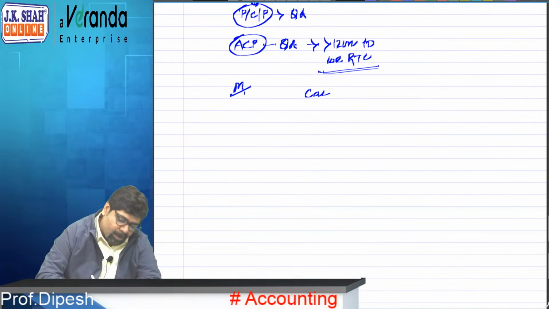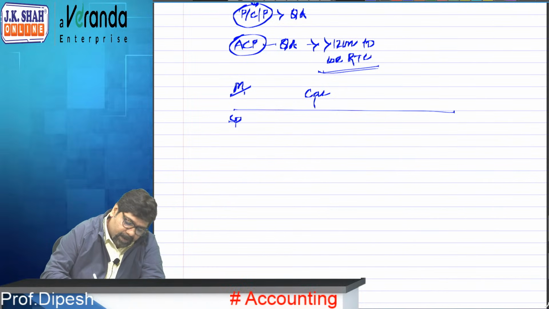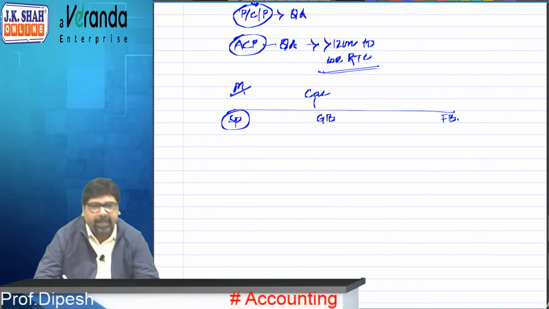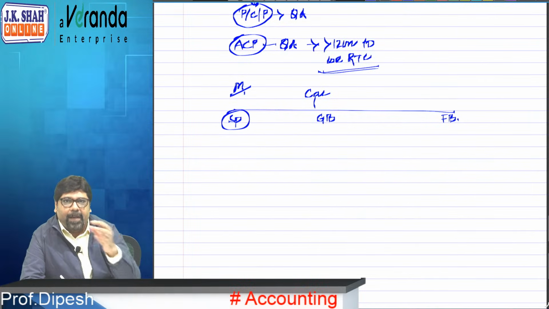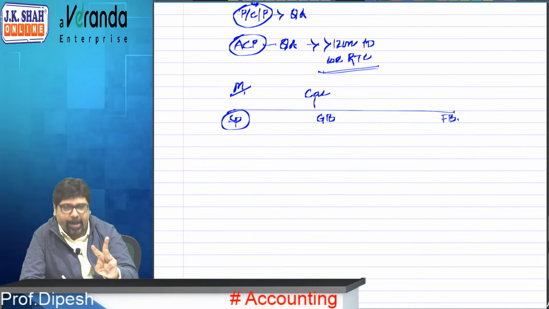To calculate borrowing cost, we have divided borrowing cost into three parts. One is specific borrowings, one is general borrowings, and one is foreign borrowings. Specific borrowings means we have borrowed money specifically for the purpose of acquisition, construction, production of qualifying asset.